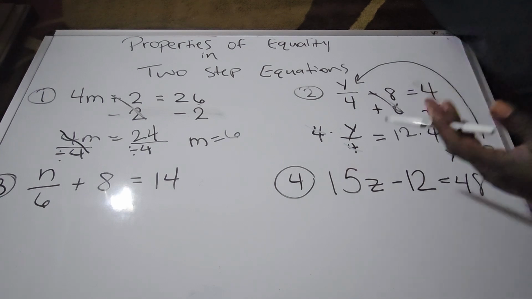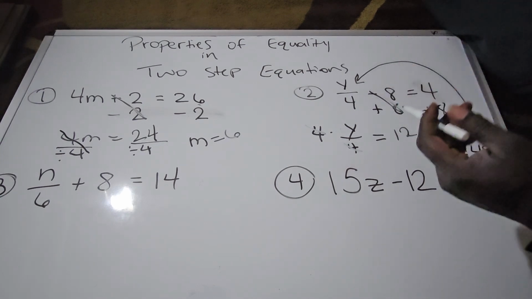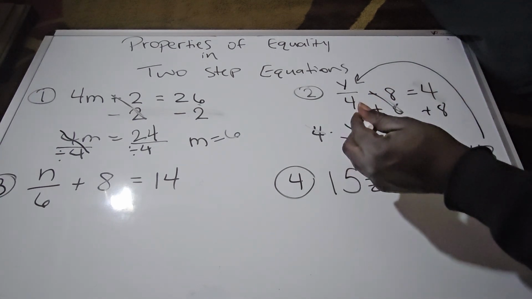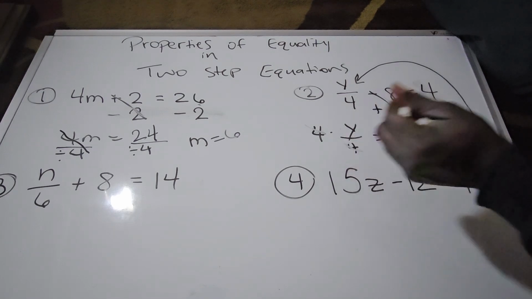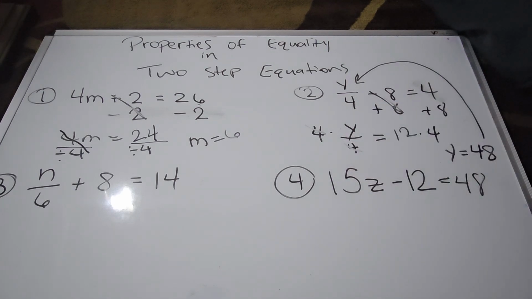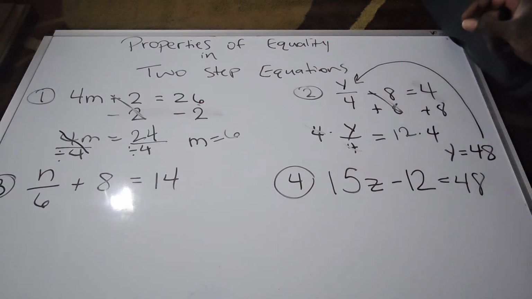And then on the next step, we're trying to get the variable by itself. Now, I'm going to step away and let you work 3 and 4 on your own. When I come back, we're going to go over it together.